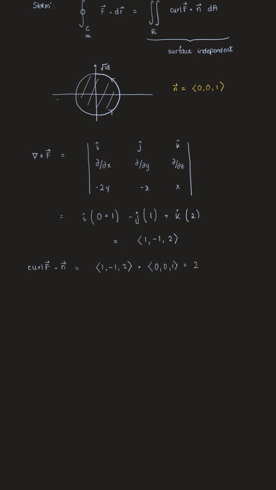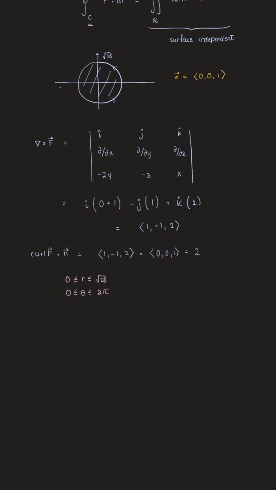Okay, we're ready to set up our integral. Since we're integrating over a disk, we can use polar coordinates. And if we do that, then we know that r will be between 0 and the square root of 28. And we want the entire disk, so theta is going to go from 0 to 2 pi.